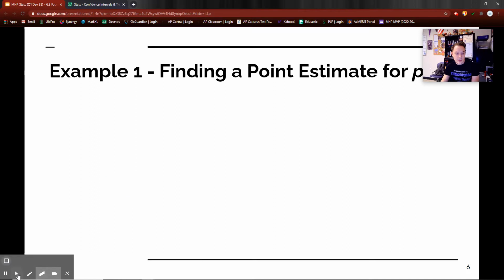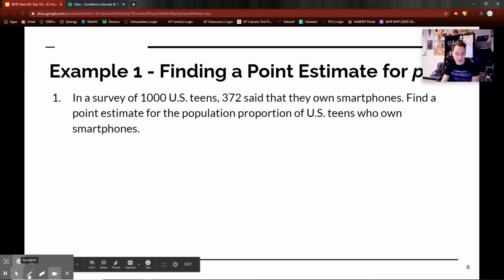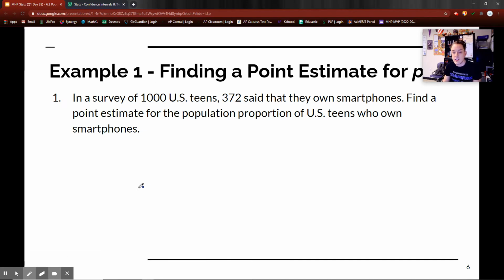Perfect. Let's erase this, and then let's get started on some of these examples. In a survey of 1,000 U.S. teens, 372 said that they own smartphones. Find the point estimate for the population proportion. So that means my N is 1,000, and my X is 372.